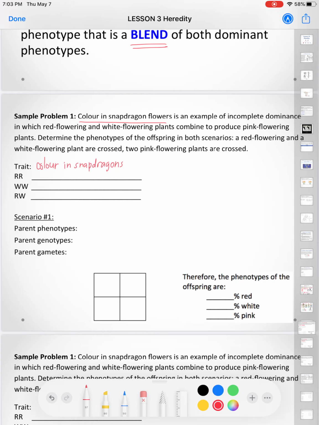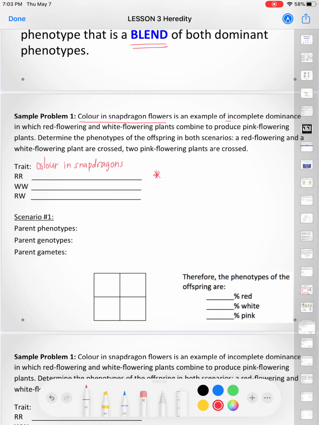We can be homozygous dominant for R, homozygous dominant for W, or heterozygous, where you have one of each. Notice there are no recessive alleles here, so we don't actually use any lowercase letters. This part of the question is where we're going to differ a little bit from our simple monohybrid and dihybrid crosses.